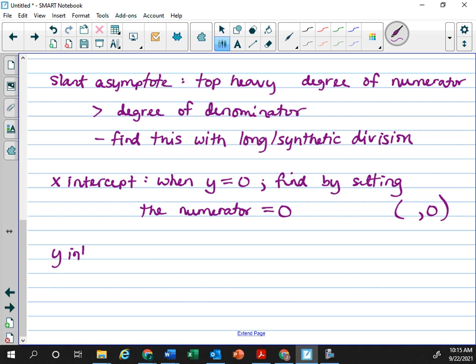So then the last thing we'll want to make sure we find is the y-intercept. And that is when x equals 0. And you can just plug that in. So plug 0 for x.